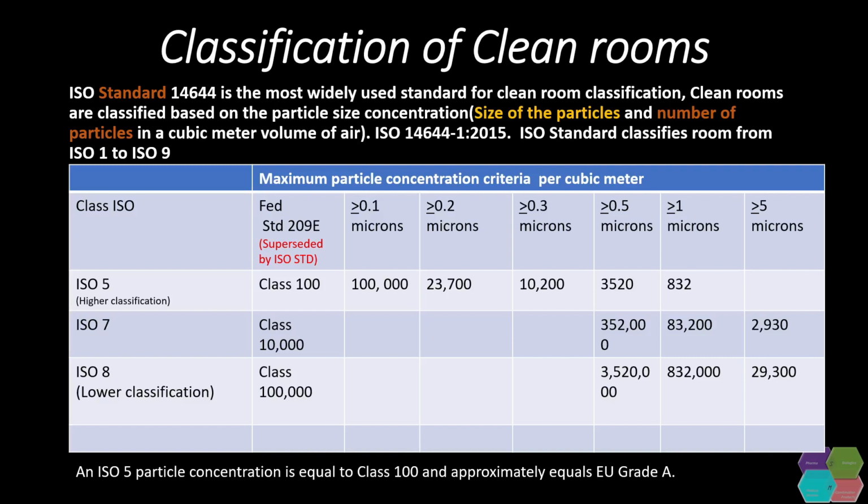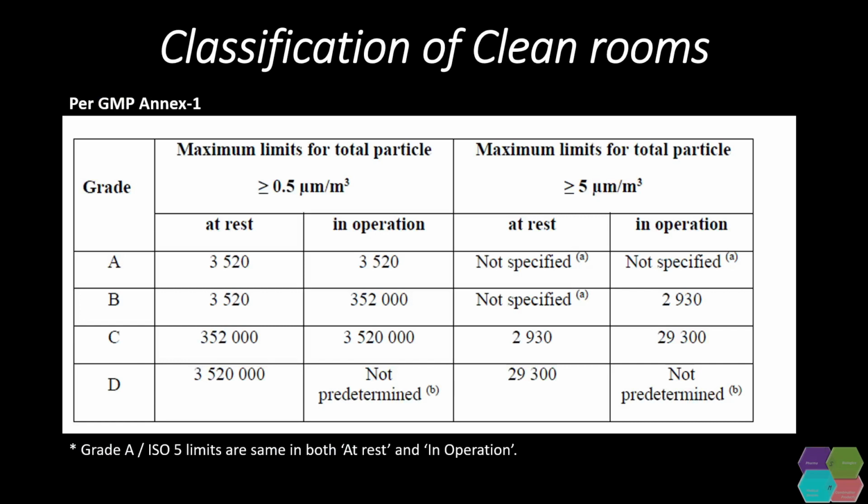Though it is not typically used, it's good to know. So class 100 is typically equivalent to ISO 5. So an ISO 5 particle concentration is equal to class 100 and approximately equals EU grade A, which I'll talk about in the next slides.